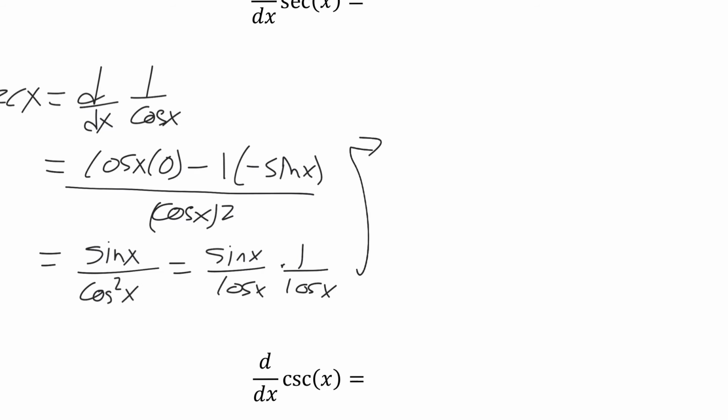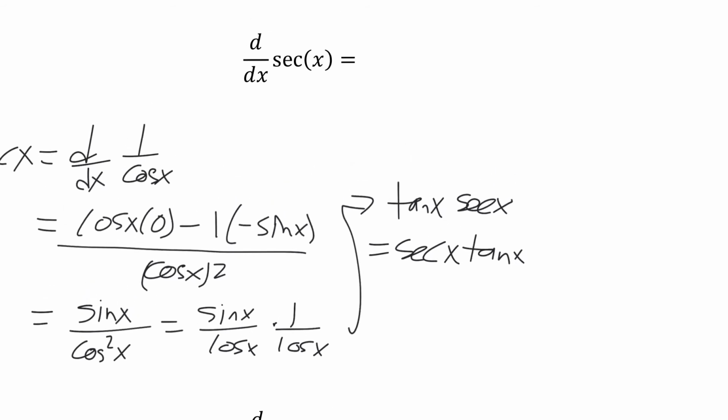So we'll get tan x, 1 over cos x is secant x, and usually we write it with the secant x first and then the tan x second. So the simplified version for this one is secant x tan x. So close, because tan was secant squared, secant is secant tan. I guess there's a bit of a connection there.